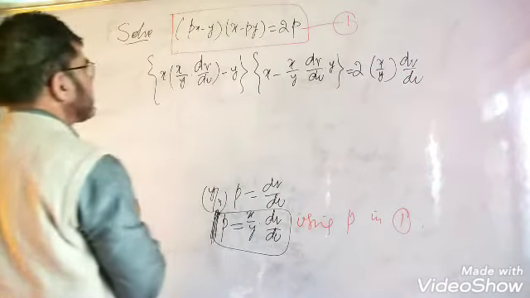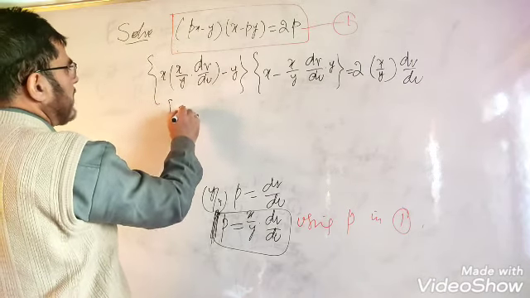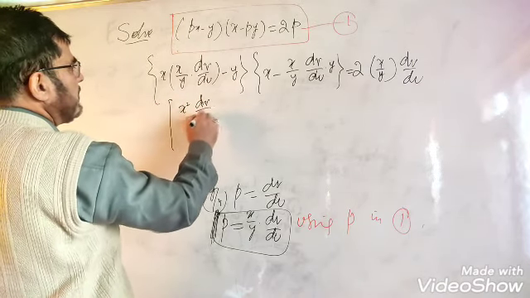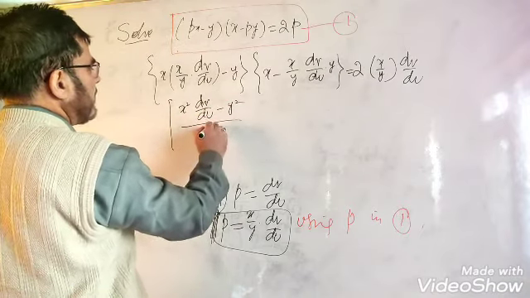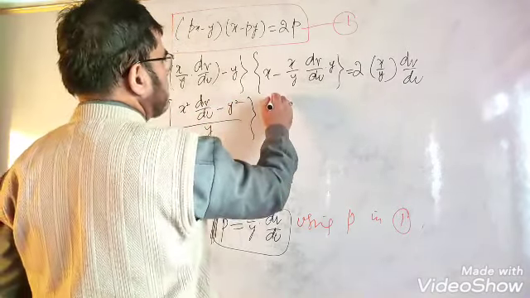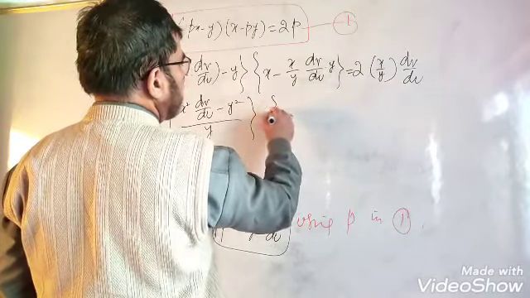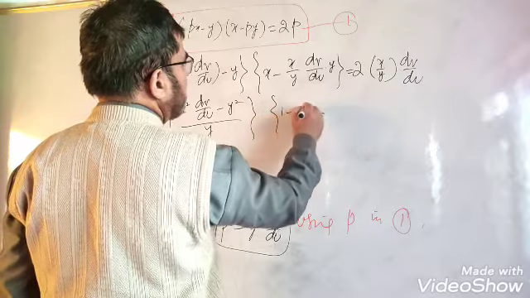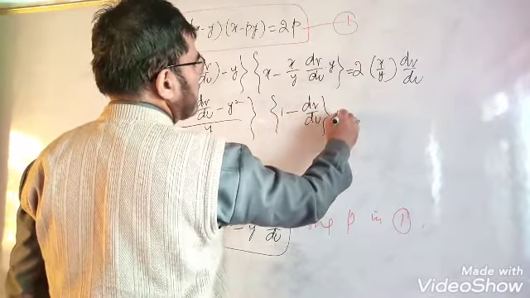Let me simplify this. This gives x square dv by du minus y square by y, and this y and y go, you can write 1 minus dv by du, x is out.